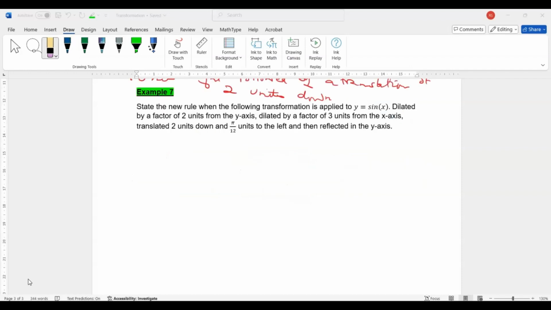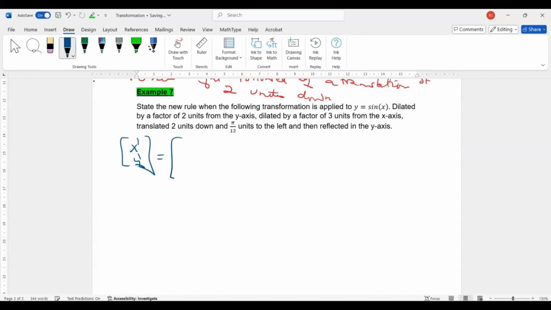State the new rule when the following transformation is applied to y equals sine x: dilated by a factor of 2 units from the y-axis, dilated by a factor of 3 units from the x-axis, translated 2 units down and pi over 12 units to the left, and then reflected in the y-axis. So the best option is to do it in a matrix format. So let's say x bar, y bar.